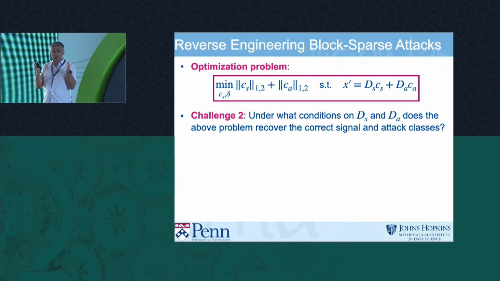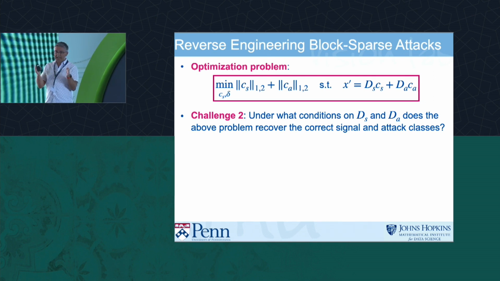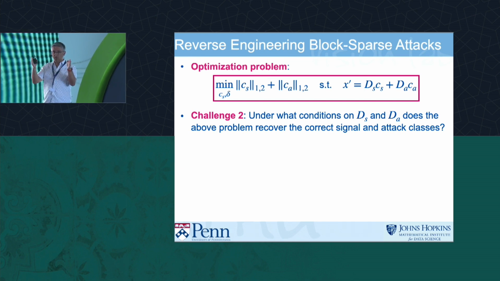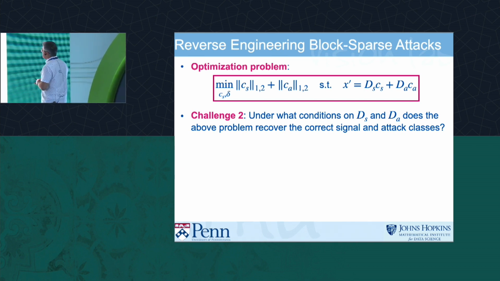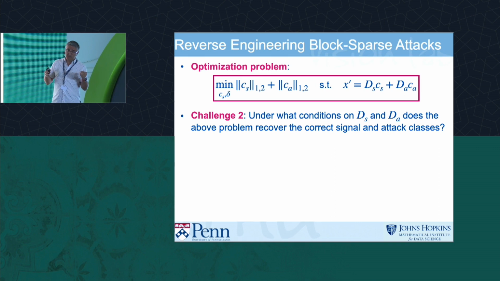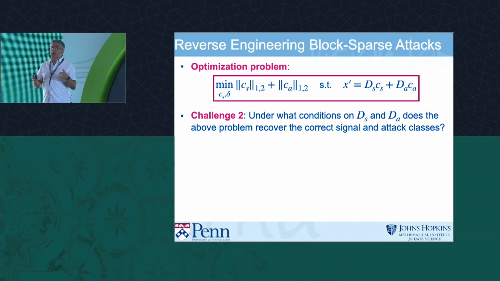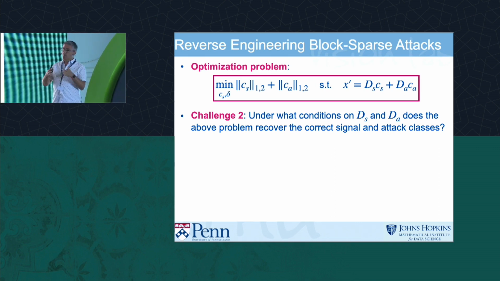When you're trying to recover blocks and when you're trying to recover classes, you don't care about a unique sparse solution. You care about recovering the correct block. That's sufficient to determine the correct class. And so that is much more related to the subspace clustering literature, where you look at subspaces and you want the subspaces to be sufficiently separated in order to determine the correct class.